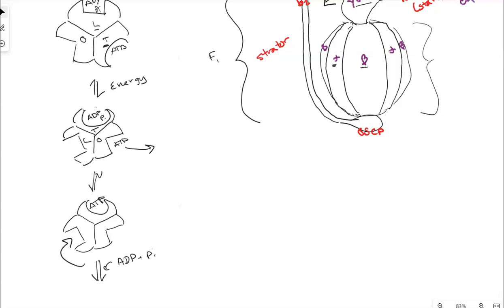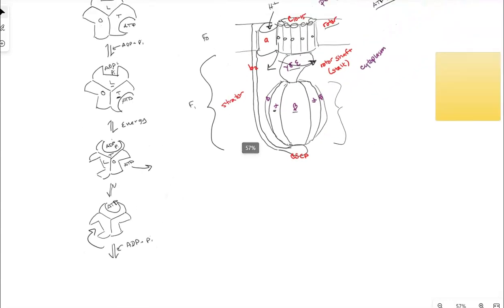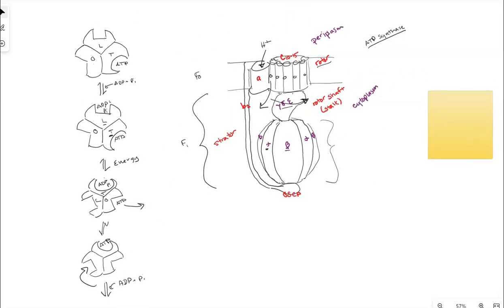Now, the real question here, let me shrink this down so we can see the entire thing, is what's causing the conformational change? So let's elucidate that.